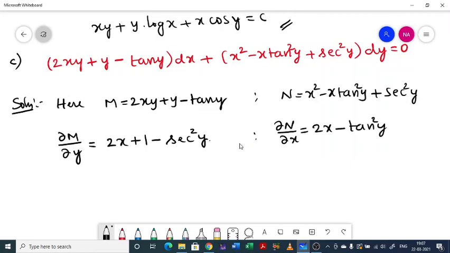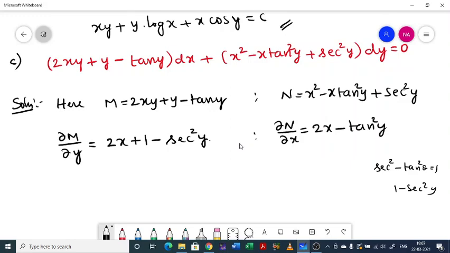So I have here 1 − sec² y, but here − tan² y. We know that sec² θ − tan² θ is 1. So −tan² will be 1 − sec².